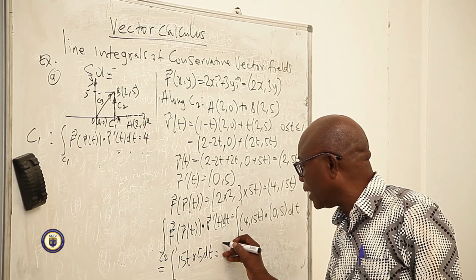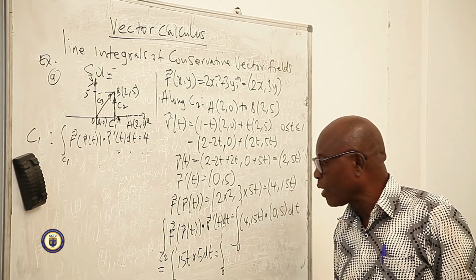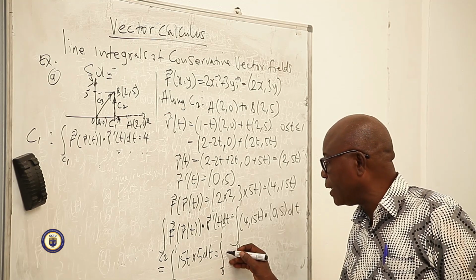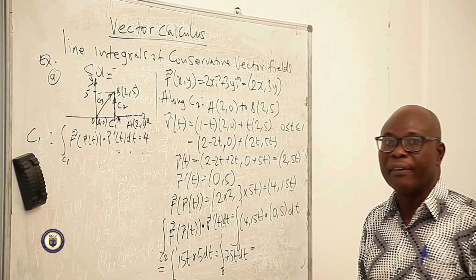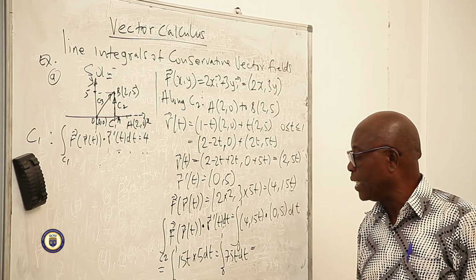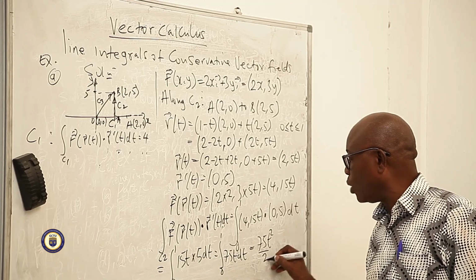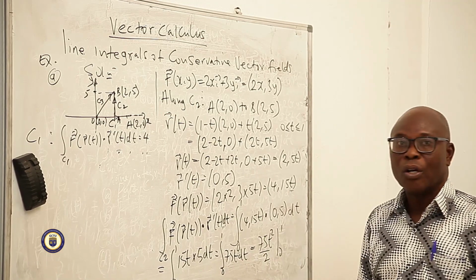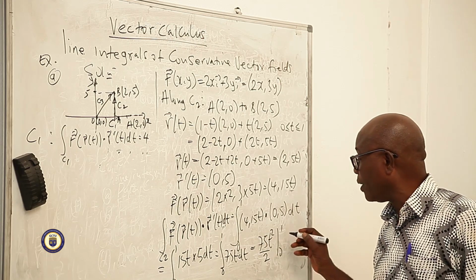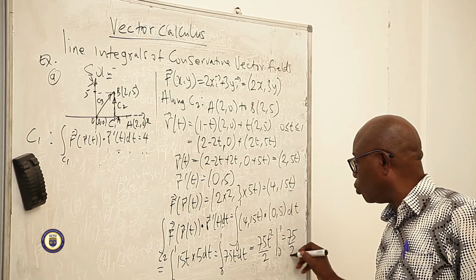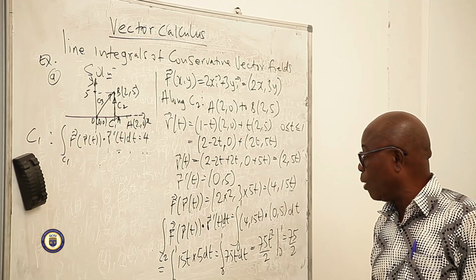So that will give us the integral from 0 to 1 of 75t dt. If you integrate 75t dt, you're going to have 75t squared over 2, and the limit is from 0 to 1. The upper limit will give us 1 squared, which is 1, so we're going to have 75 over 2. Definitely the lower limit is 0, so if you put 0 here, the lower limit becomes 0.